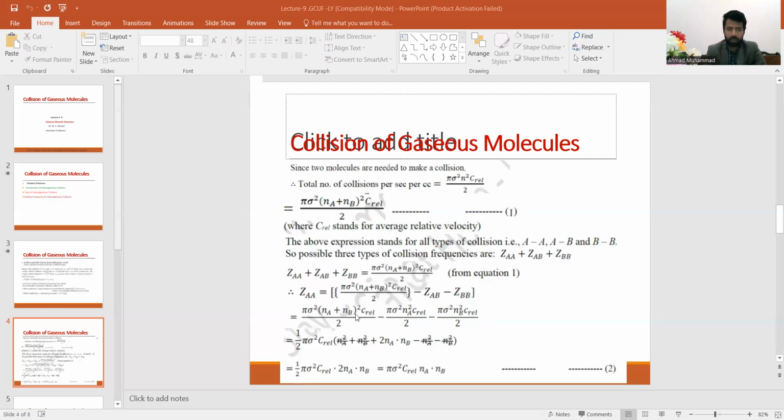So we can write this equation by taking common terms, 1 over 2 pi sigma square C relative into Na square plus Nb square plus 2 NaNb minus Na square minus Nb square. Then the equation becomes 1 over 2 pi sigma square C relative dot 2 NaNb, which is equal to pi sigma square C relative NaNb.